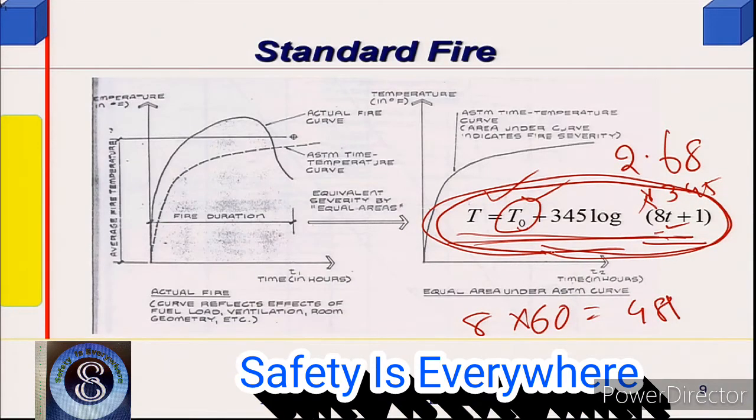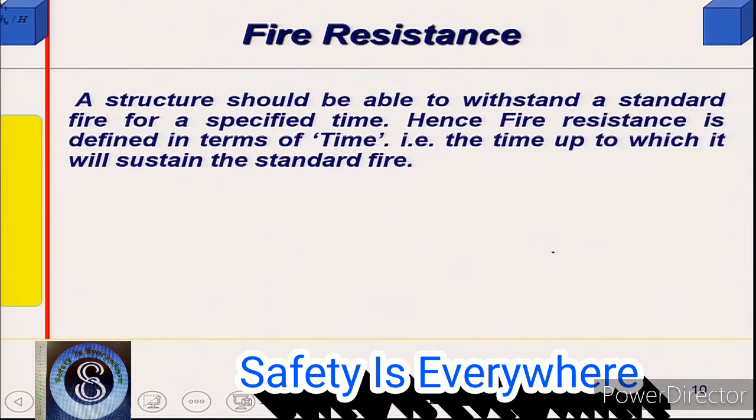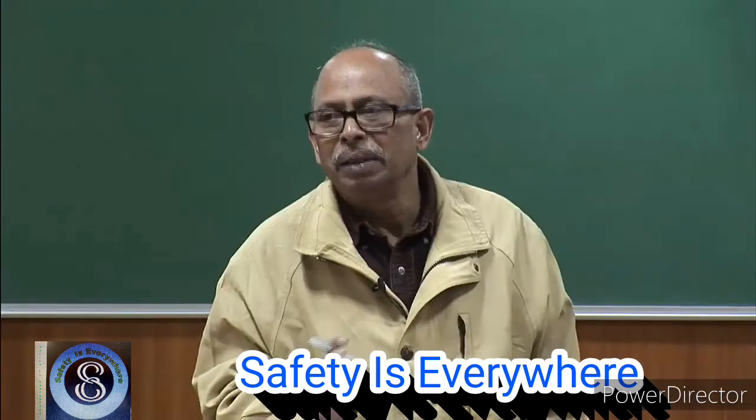So, let us see how we define it further, right. A structure should be able to withstand standard fire for a specified time, that is how we define it. Hence, fire resistance is defined in terms of time. So, the unit of fire resistance is seconds, minutes or hours, generally hours.